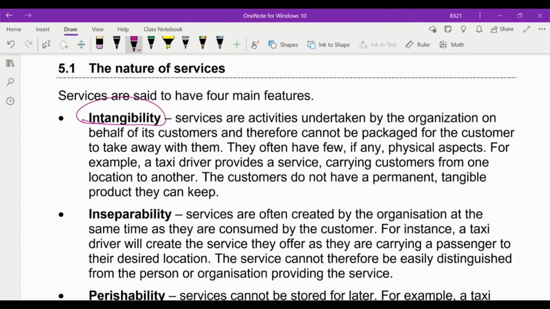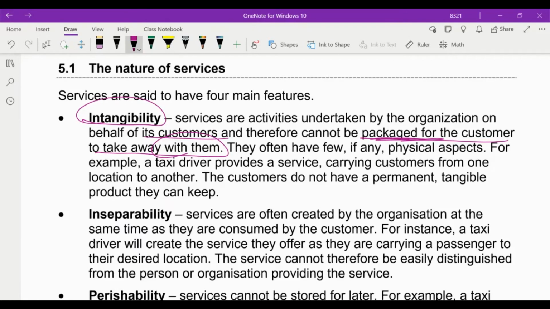First of all, services are intangible in nature. That means they do not have any physical form. Services are activities undertaken by an organization on behalf of its customers and therefore cannot be packaged for the customer to take away with them. So service is something which doesn't have any physical form, cannot be sold as a product can be, as goods can be.